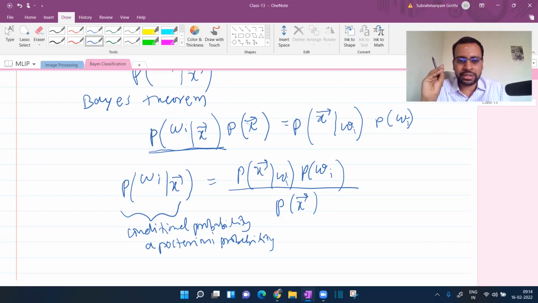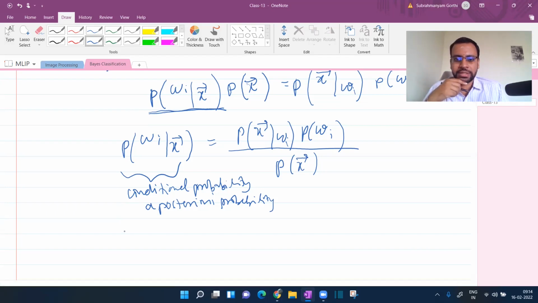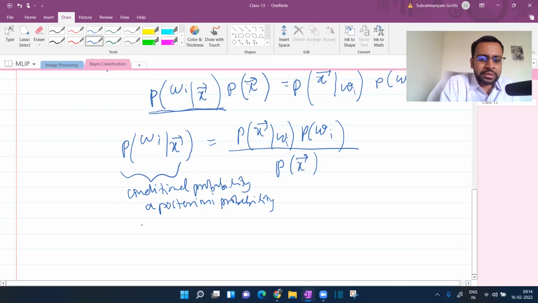Now let's start. I want to compute this. Let us see how each of those terms can be computed given a training data set, or having some prior knowledge. Let's start with a simple one. Let us also make one assumption so that writing the equations becomes easier: let's assume that m is equal to 2.